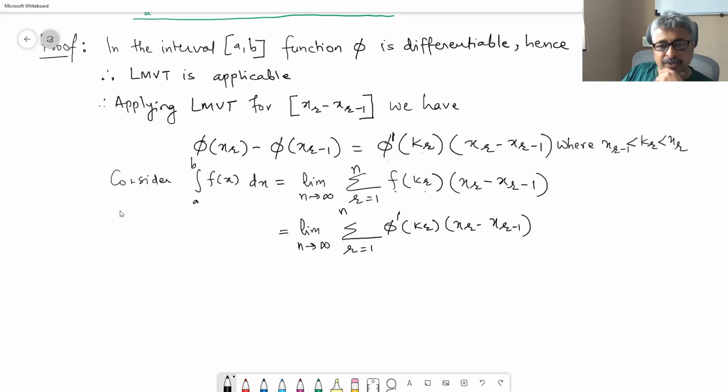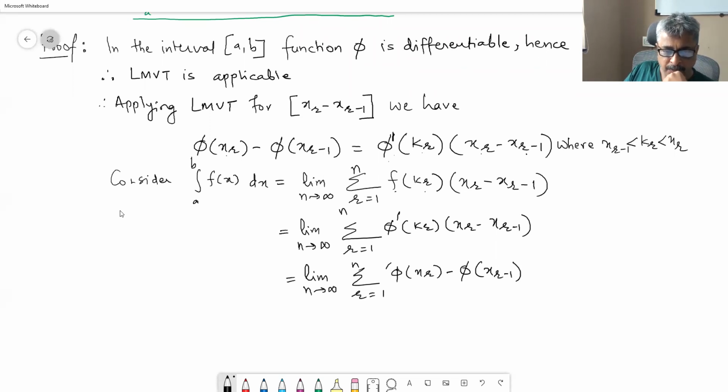But phi dash of kr into xr minus xr minus 1 is equal to phi of xr minus phi of xr minus 1. Limit n tends to infinity, sigma r goes from 1 to n, phi of xr minus phi of xr minus 1.